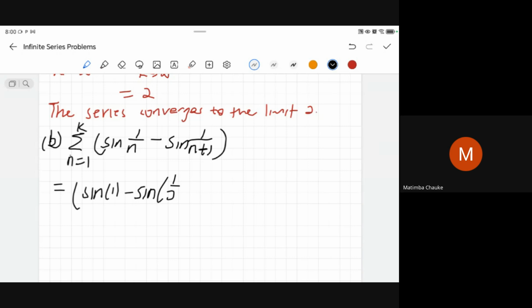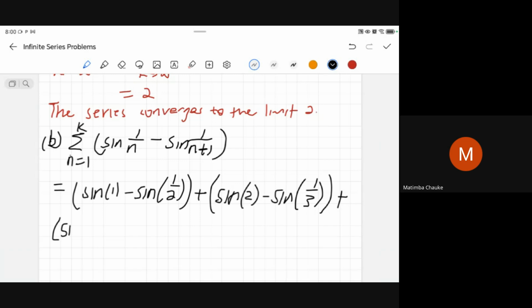I'm not going to simplify that. Plus, I'm going to expand 3 times. Don't forget sine of 1 over 2 minus sine of 1 over 3, plus sine of 1 over 3 minus sine of 1 over 4. You see, right? So I've expanded them.